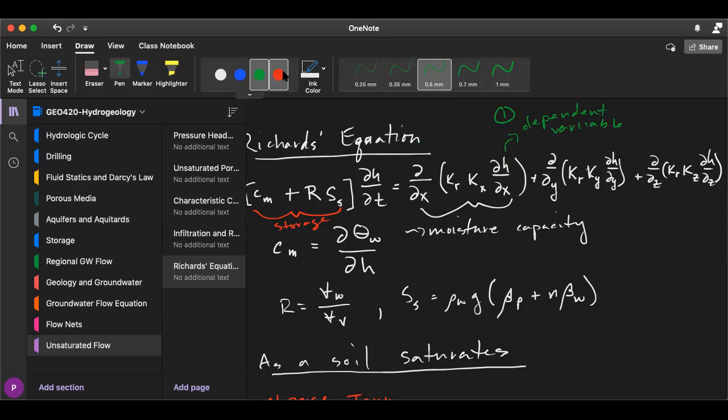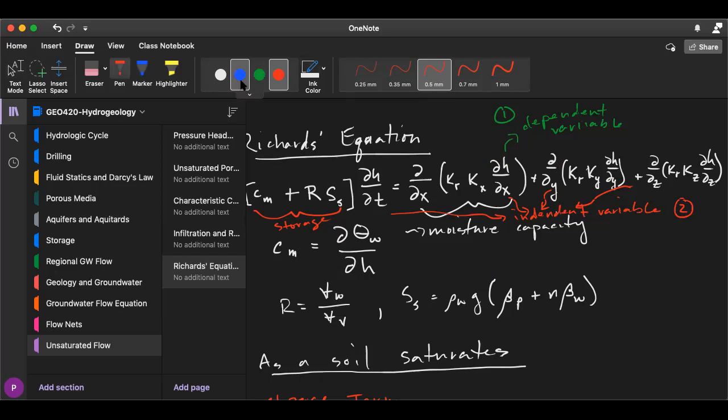And groundwater head is a function of x, y, z, and t. These are called the independent variables. The spatial position does not depend on the groundwater head. It is what it is. So we want to know head at all of these independent variables, or as a function of these independent variables.